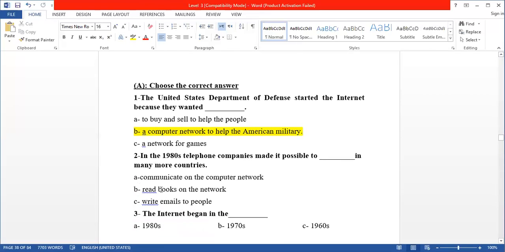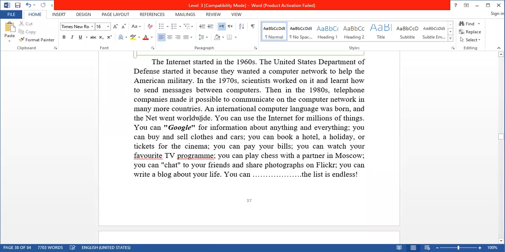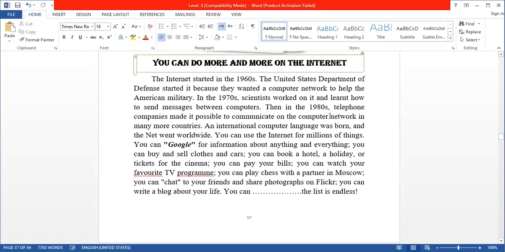Two, in the 1980s, telephone companies made it possible to, and here are the options: communicate on the computer network, read books on the internet, write emails to people. Which one is correct? In the 1980s, telephone companies made it possible to communicate on the computer network in many more countries.